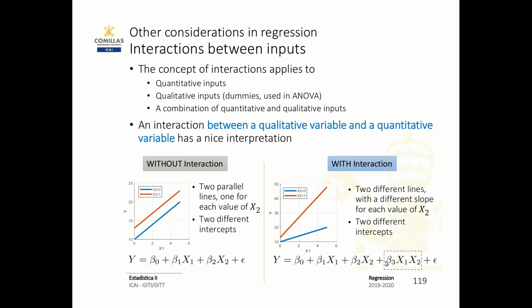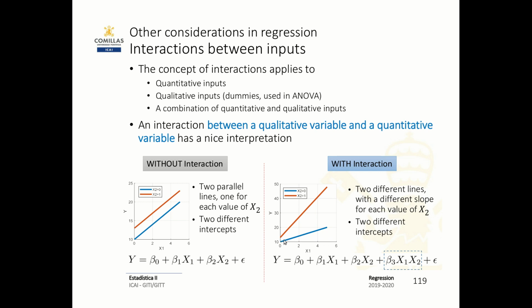If we add the interaction between x1 and x2, then doing the same kind of analysis that we did before, where we grouped, we factor out x1, so the slope now becomes beta 1 plus beta 3 x2. Depending on whether we have x2 equals 0, we will have a slope of beta 1, and if x2 is equal 1, then we will have a slope that is beta 1 plus beta 3.